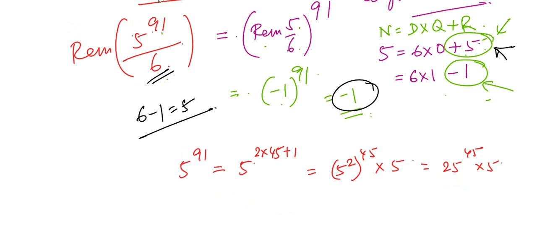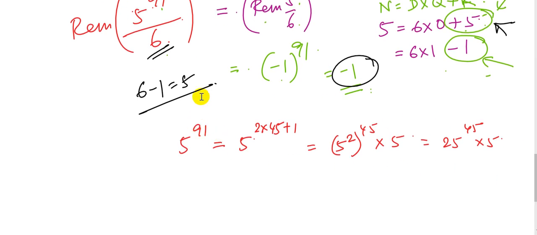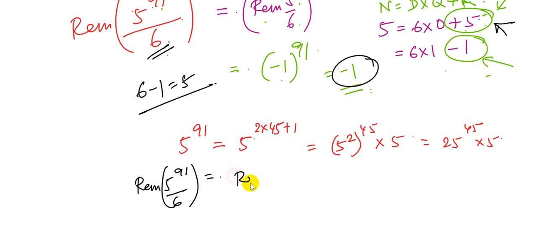So the remainder of 5 to the power 91 by 6 will be the remainder of 25 to the power 45 by 6 multiplied by the remainder of 5 by 6.